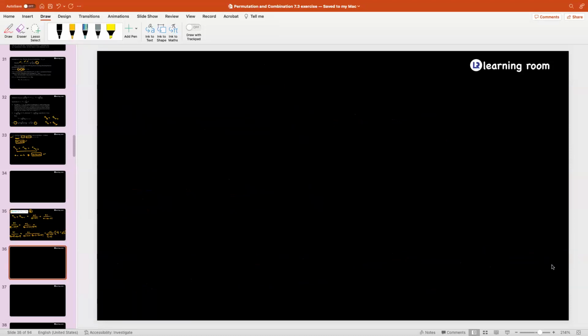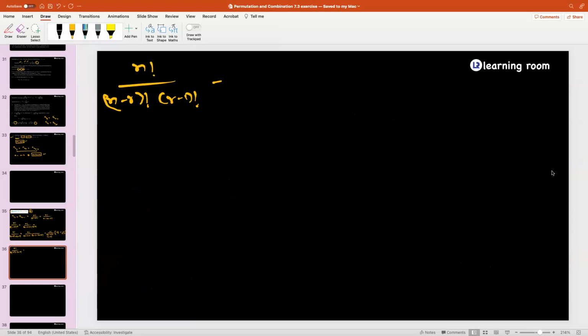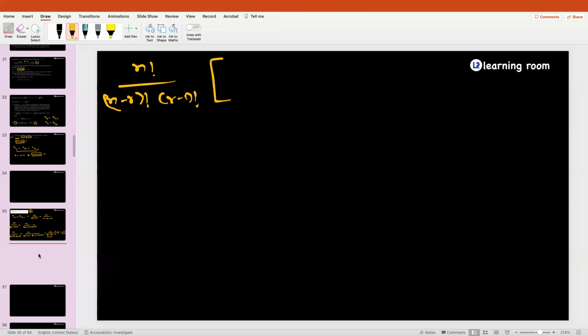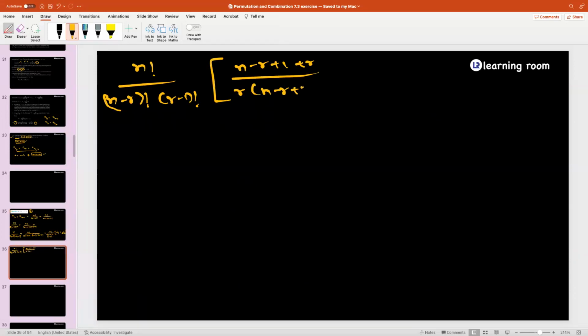Okay. This will be equal to n factorial divided by (n minus r) factorial into (r minus 1) factorial, into (n minus r plus 1 plus r) divided by r into (n minus r plus 1).